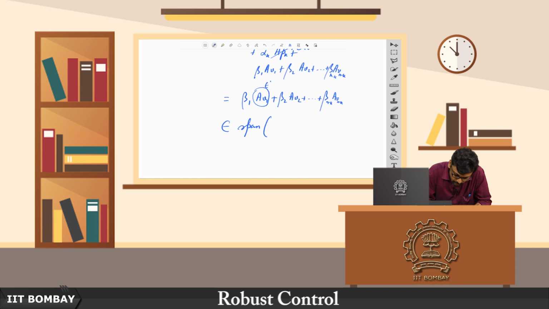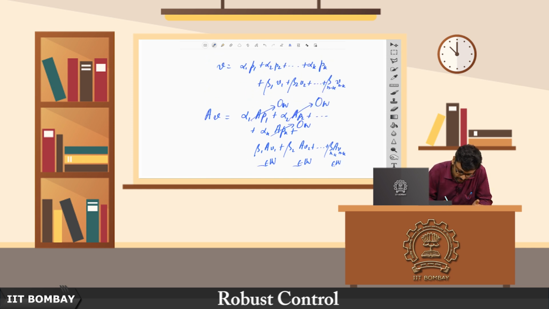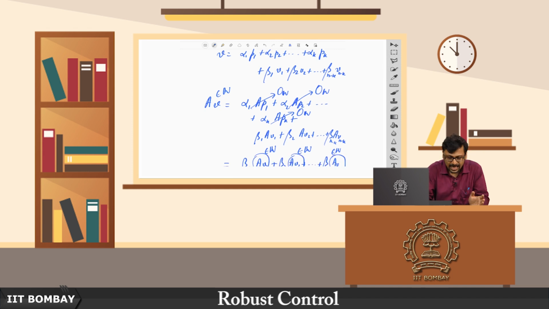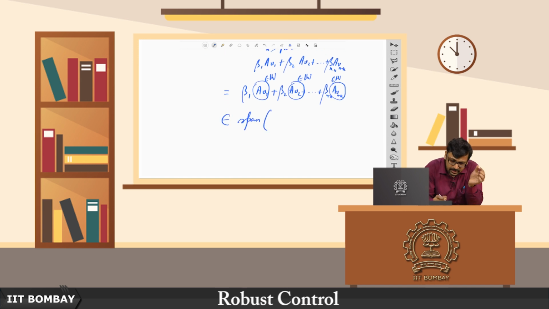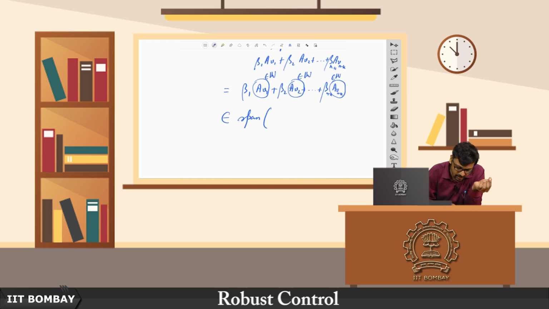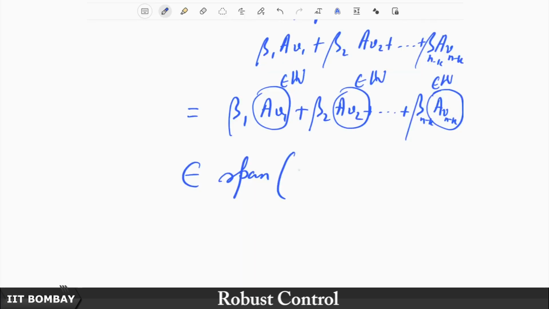This element belongs to W, this element belongs to W, all of these elements belong to W. So any time you take an element in V and map it through this linear map A to an element in W, that element can be expressed as a linear combination of at most n minus k elements, which is another way of saying that it belongs to the span of AV1, AV2 dot dot dot till AVn minus k.